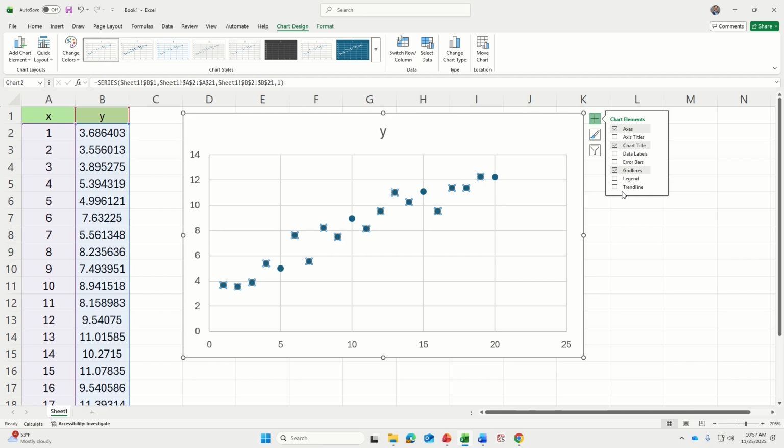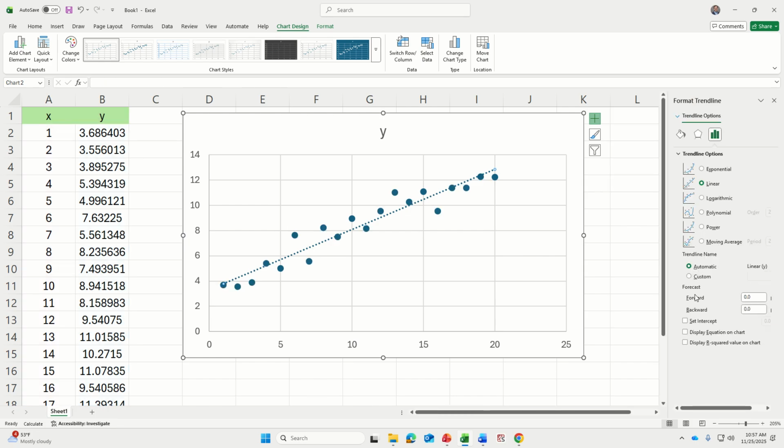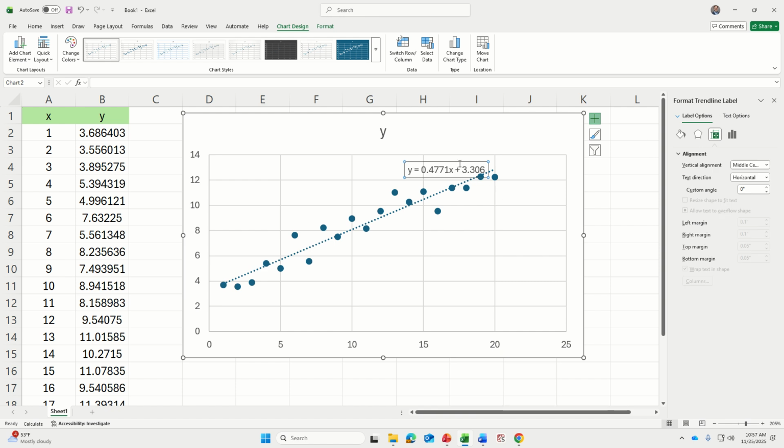I know this is super tiny, but there's a checkbox that says trend line, for those in the back. If I check trend line, and then hit this little button over to the side and say I want more options, I can tell it that I want to display the equation on the chart. And there it is.